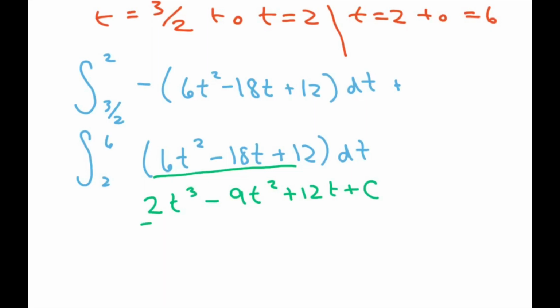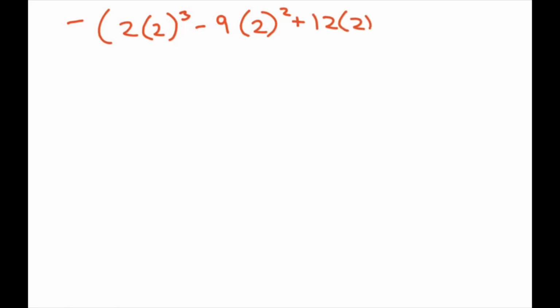So this is what we have, and we're going to evaluate it at the limits of the integration. Basically you're going to have negative, 2 times 2 cubed minus 9 times 2 squared plus 12 times 2.